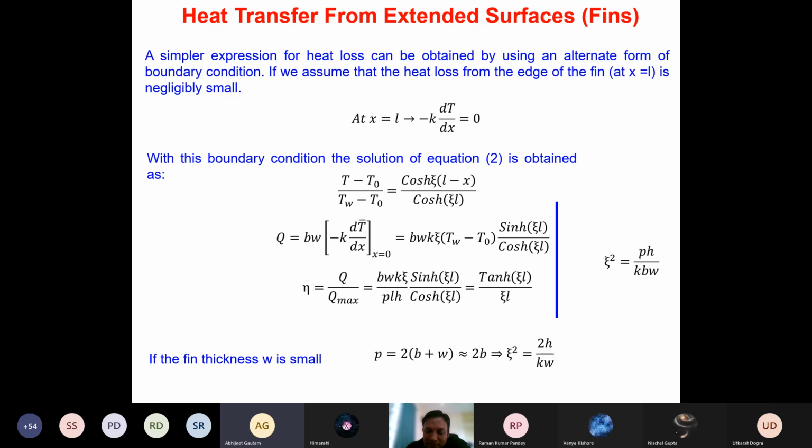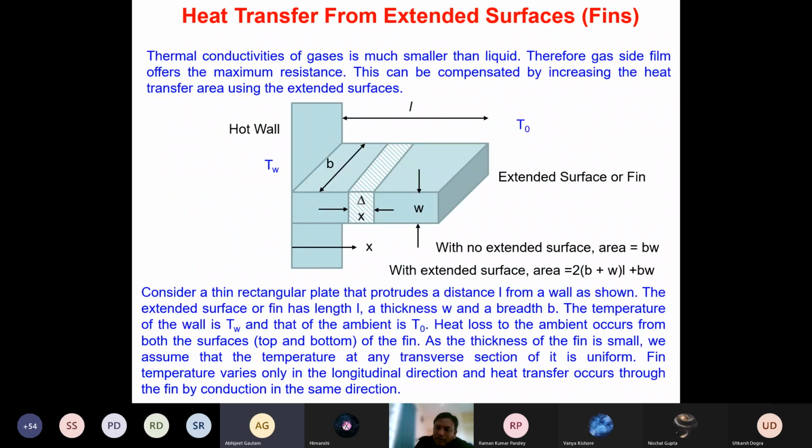Sir, in the initial derivation, the complex one, we had also assumed that the width was very small, but then also we considered the small area, but this time we are not considering it. Why? Because then also the conduction was not taking place in the vertical.